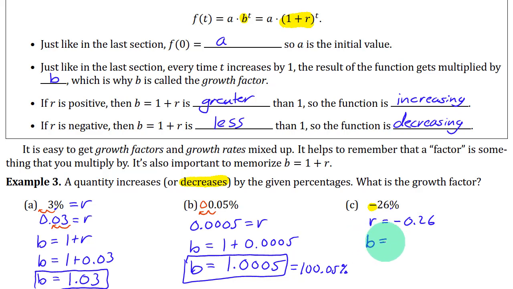So the b equals 1 plus r is going to be 1 plus negative 0.26, or 1 minus 0.26, which comes out to be 0.74, also known as 74%. So what this means in a real life situation is if you want to decrease something by 26%, that's the same as multiplying it by 74%.